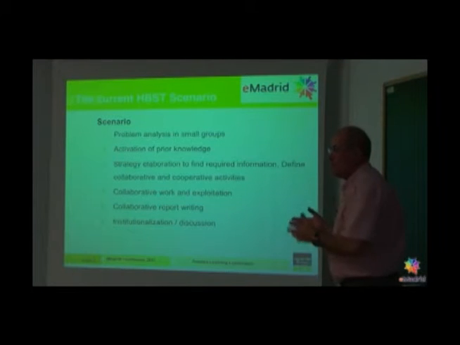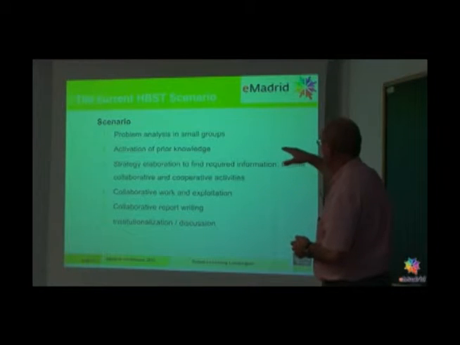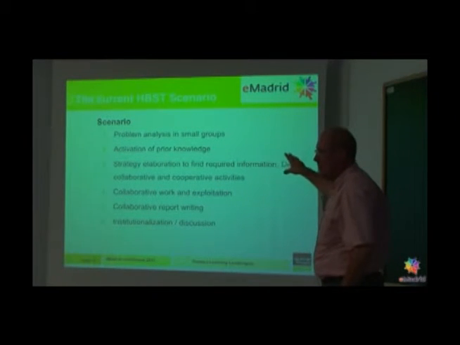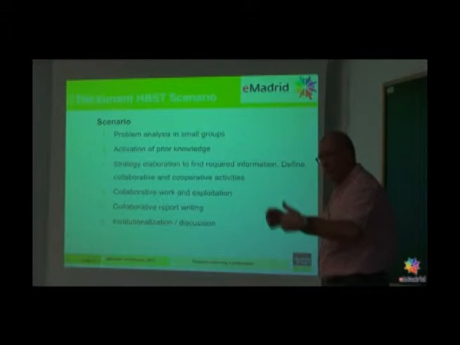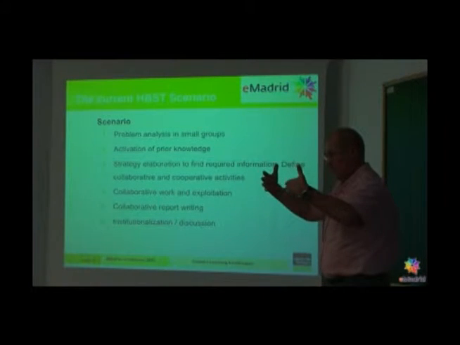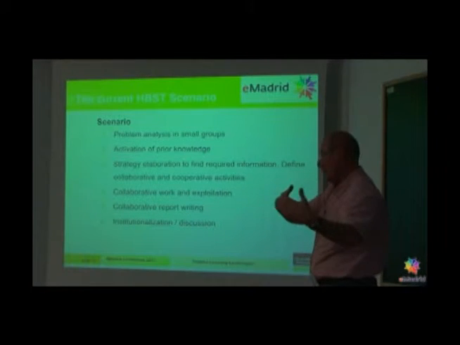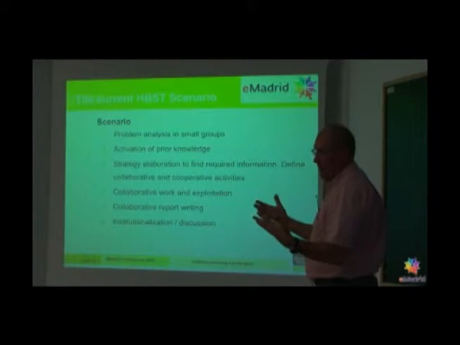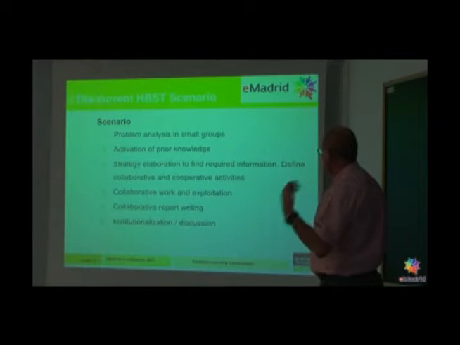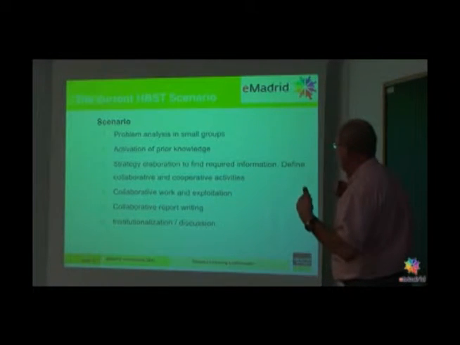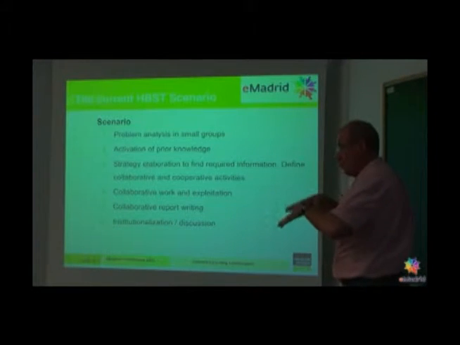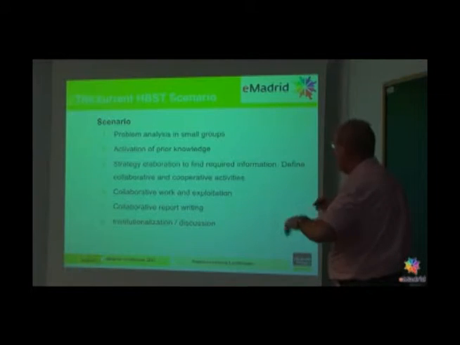And okay, most of the time, such type of IBST scenarios are like this. Students are in small groups, okay, 7, 8, and they have to activate prior knowledge, that is to say they read the problem, and they have to understand the problem and to understand what kind of knowledge they have now, and what kind of knowledge they have to acquire. And for that, they need to retrieve information, and they define collaborative and cooperative activities, because the group could be divided into subgroups, okay, to find some pieces of information.